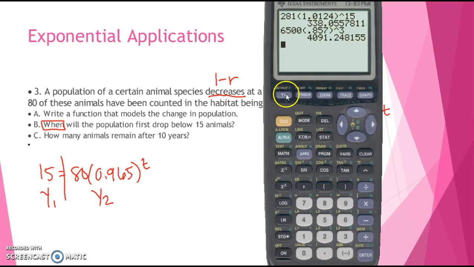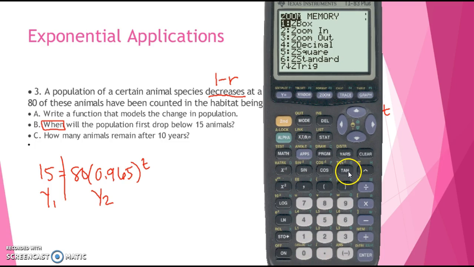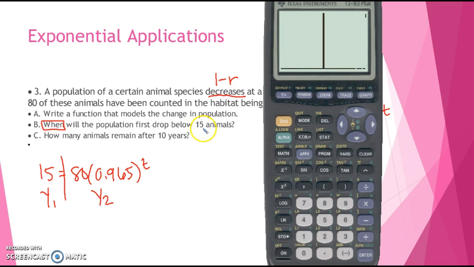So if I go to my calculator, in y1 I have 15, and 80 times 0.965 to the x. I'm going to go zoom 0 and let the calculator figure it out. Now, it wants to know when it will first drop below 15. That's the same thing as wanting to know when it gets to 15. So I'm still just going to be looking for my intersection.